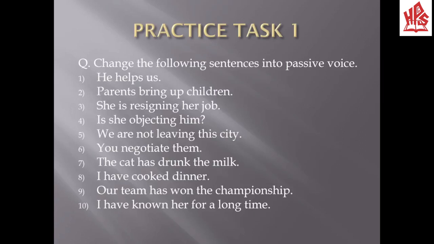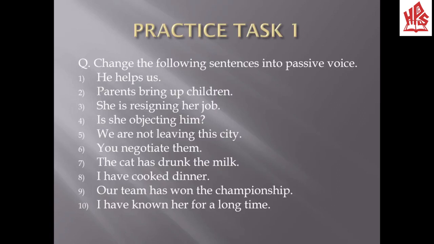In present simple tense, whenever the first form comes in the active sentence, you change it to is, am, are. If it's present continuous, meaning is, am, are with the ing form, you change it into is, am, are with being. And if it is present perfect, that means has, have with the third form, so you will change it into has been.